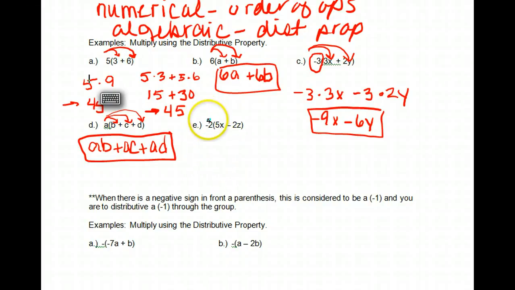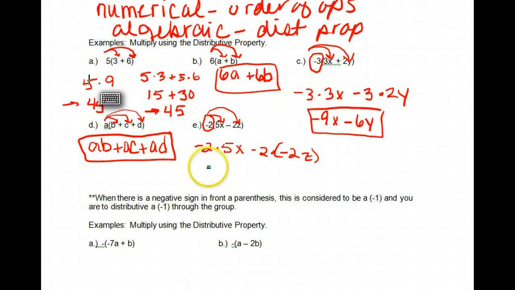For example E, we will notice that we are going to distribute a negative 2 because 5x and negative 2z are not like terms. So we will multiply that negative 2 to each of those terms. So the math that we should have done is negative 2 times 5x and negative 2 times negative 2z.